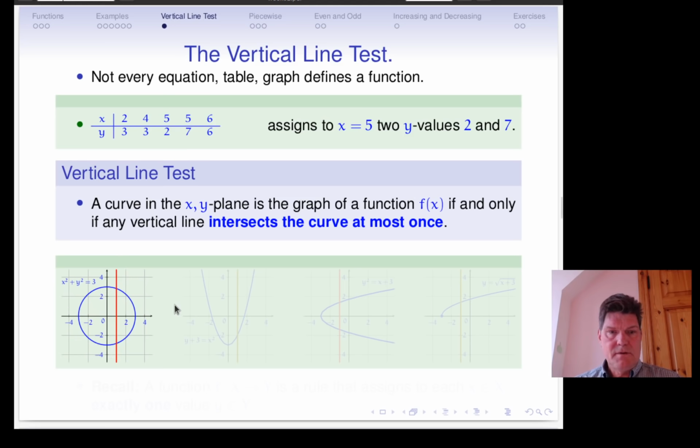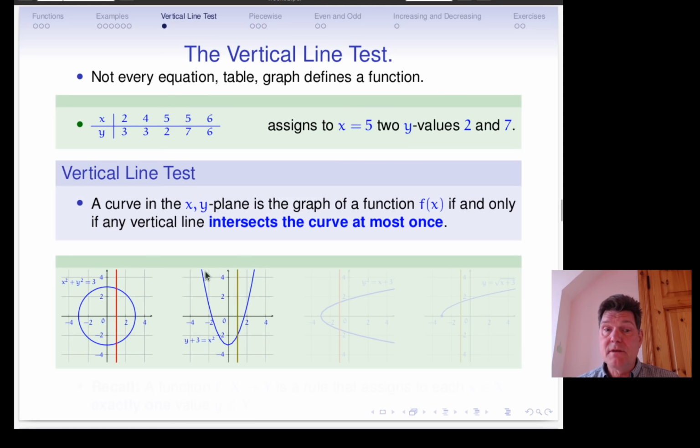In contrast, the next curve looks like a parabola, and in fact it is. It's the curve described by the equation y plus 3 equals x squared. Here, I've only indicated one vertical line in green, and this is a vertical line which intersects the blue curve exactly once.